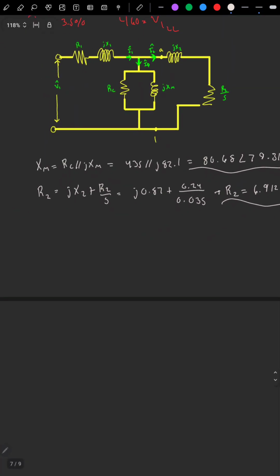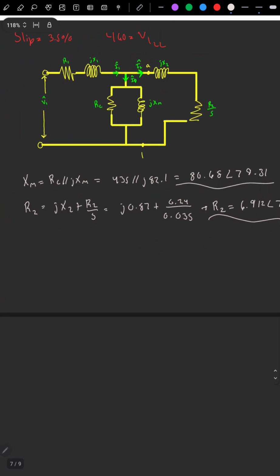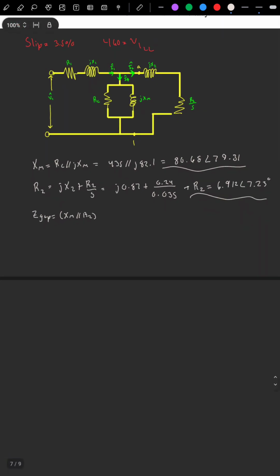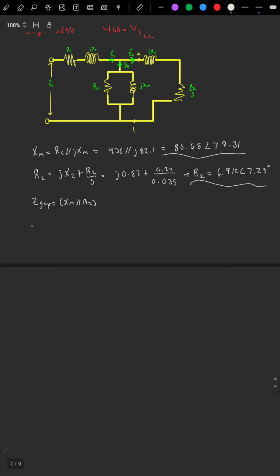So basically, you're going to want to find your Z gap now, which is going to equal your Xm in parallel with the R2 that you just found. To do that is pretty straightforward.